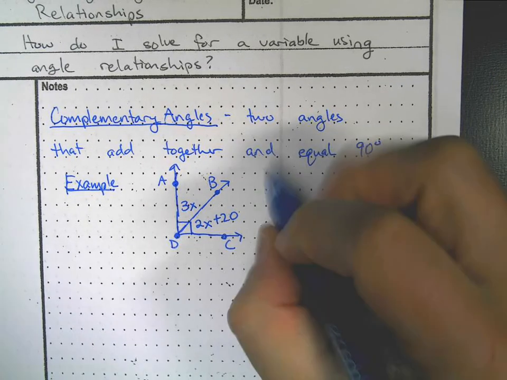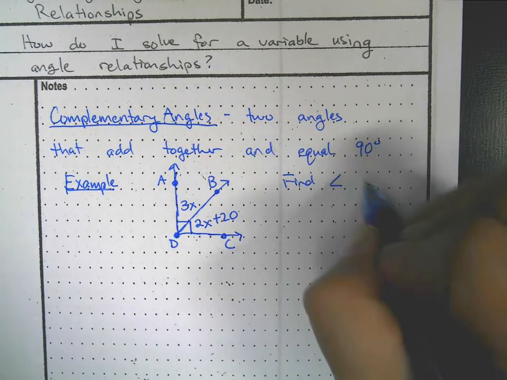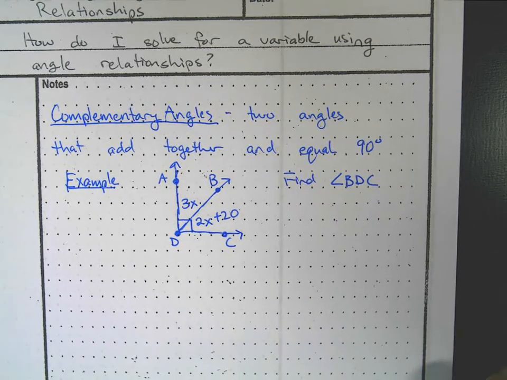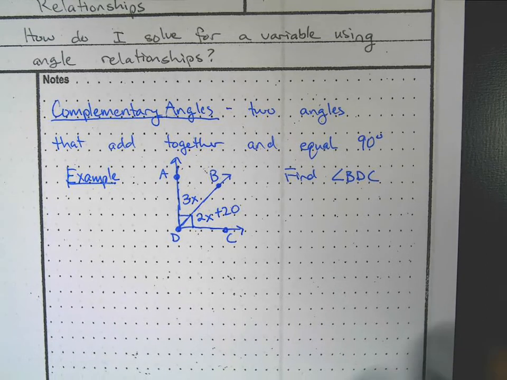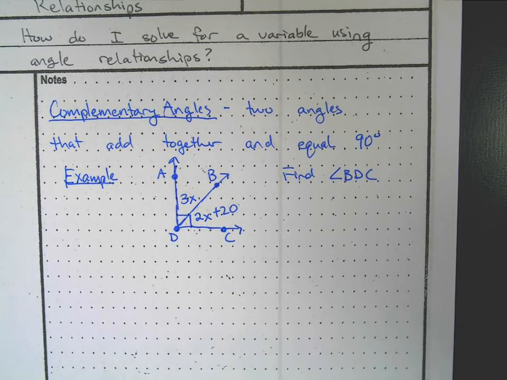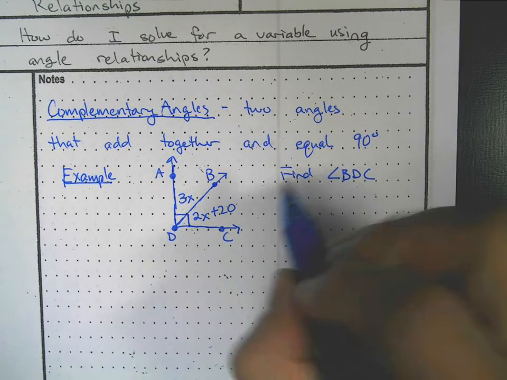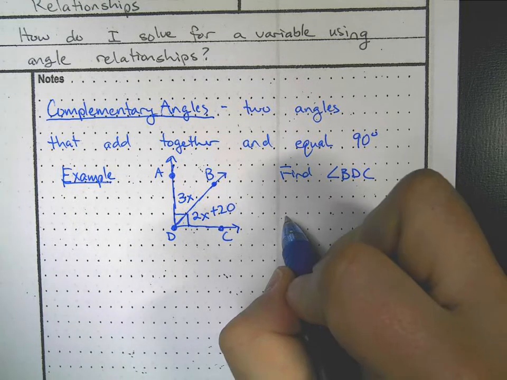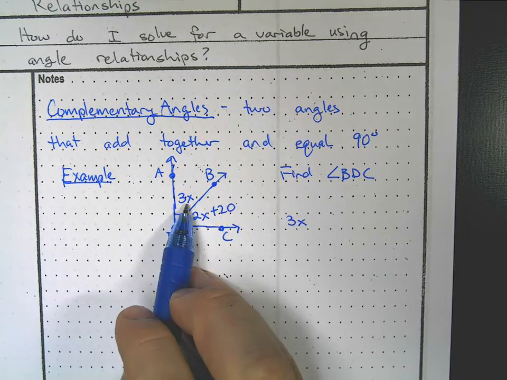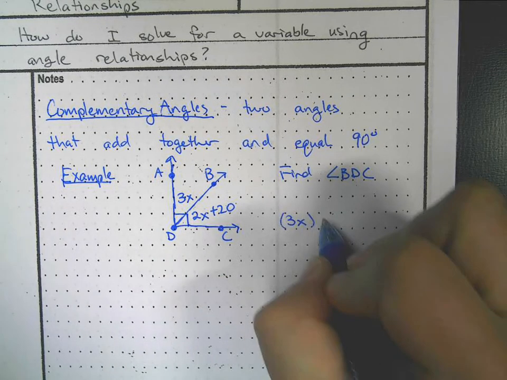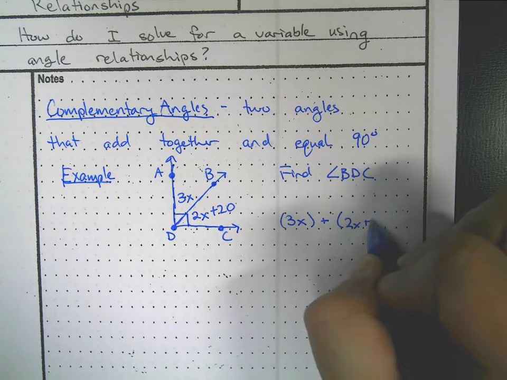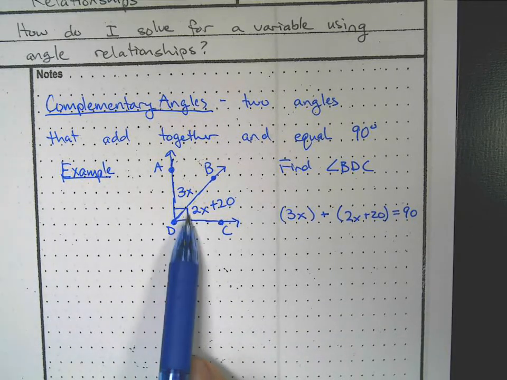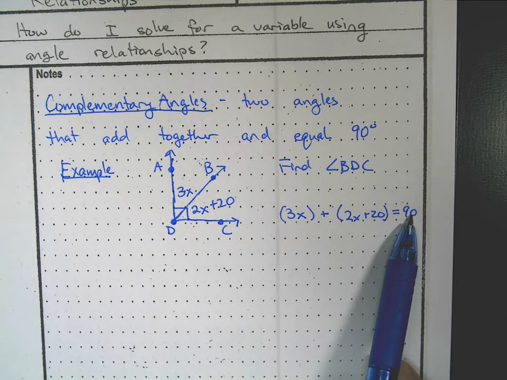And we're told find angle BDC. Okay, so how we'll do that is we'll add the angles. Since it's a right angle, we will add them together and set it equal to 90. So I'm going to do 3x, that's my first angle, plus my second angle, 2x plus 20 equals 90. Because they make this right angle, we know it's going to equal 90.